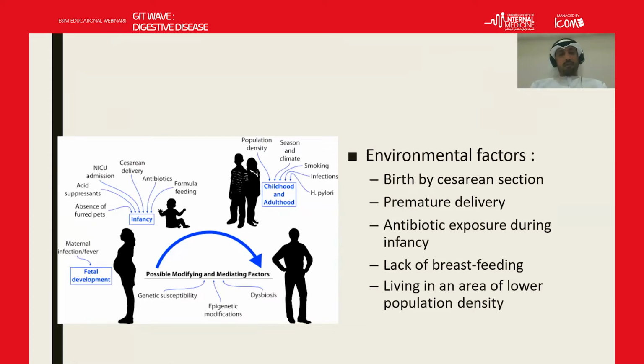Again, we are going to the same environmental factors that were looked into for association with eosinophilic esophagitis. They've noticed it more in those who were born by cesarean section, premature delivery, exposure to antibiotics during infancy, lack of breastfeeding, and living in a lower population density.